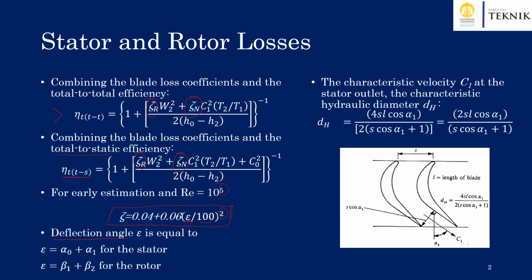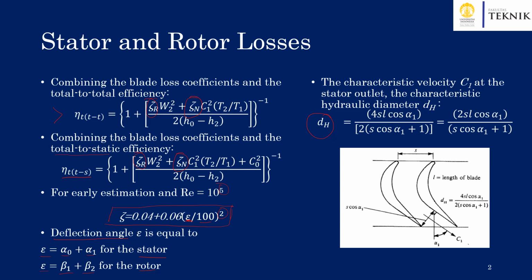Epsilon is equal to alpha 0 plus alpha 1 for the conditions at the stator, and epsilon is equal to the relative flow angles beta 1 and beta 2 for the conditions at the rotor.